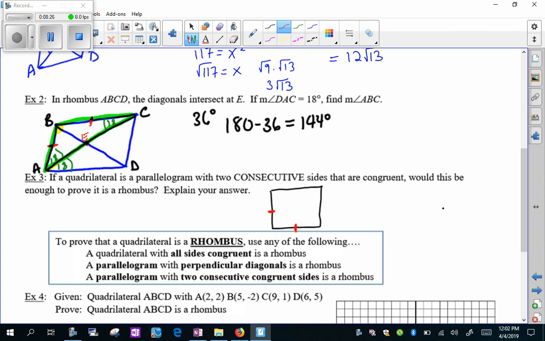Well, if they're congruent, is that enough? Well, yes, it is, because it's a parallelogram, and we know that the opposite sides of a parallelogram are congruent. So a side has to be congruent to its opposite, and this side has to be congruent to its opposite. So yes is the answer.